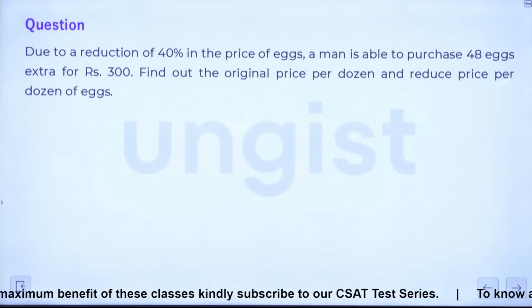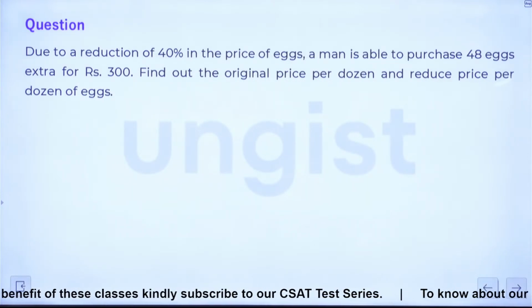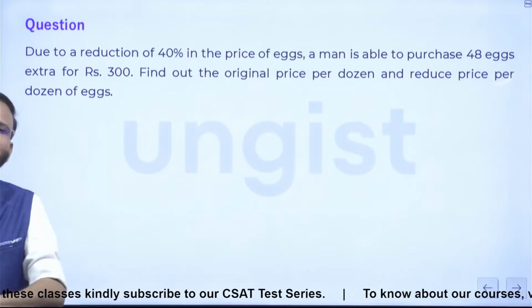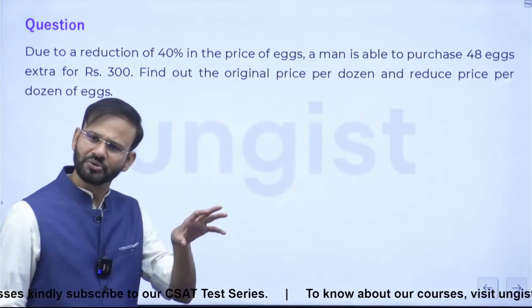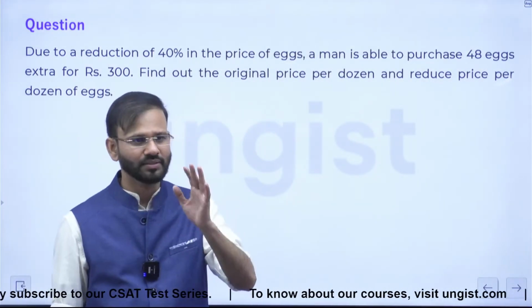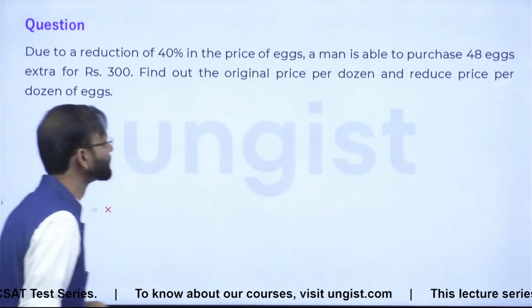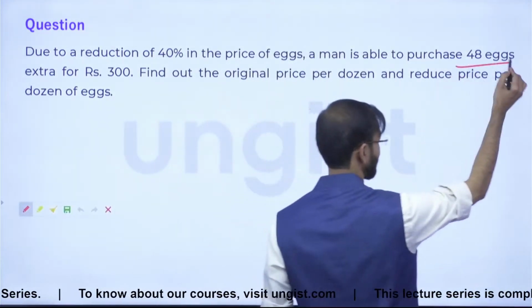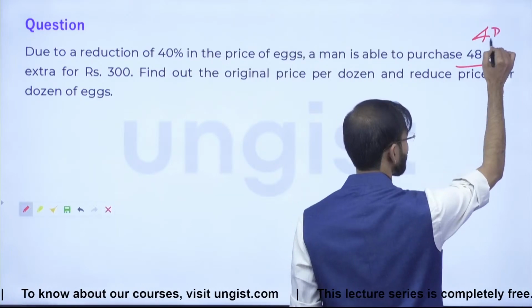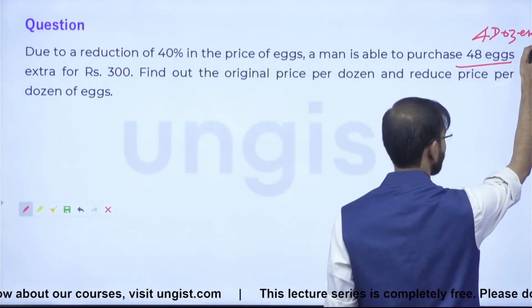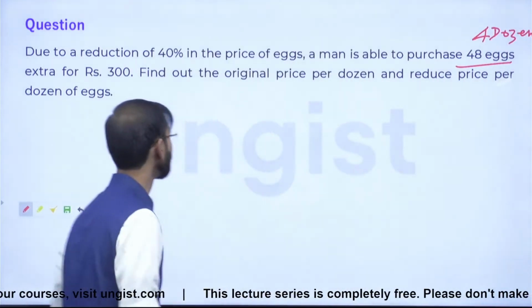Find the original price per dozen and reduced price per dozen. So the question is talking about per dozen, right? Whatever is given to you, convert it into dozen. 48 means 4 dozen. So today he is getting 4 dozens extra.